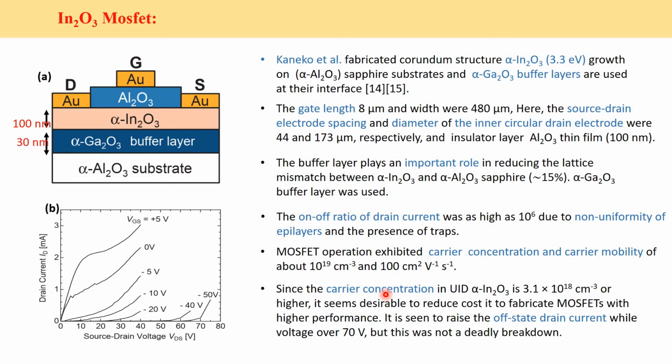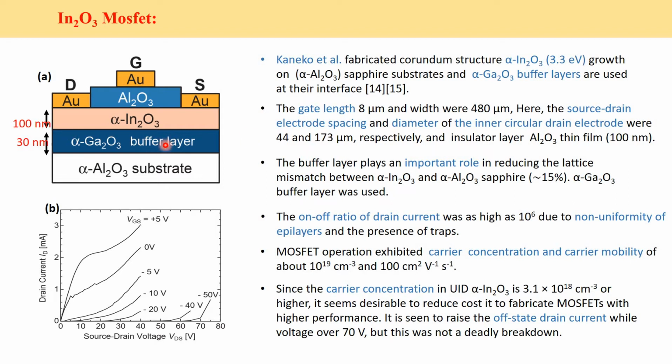So another one is the indium oxide and alpha gallium oxide MOSFET. Here alpha gallium oxide is used as a buffer layer. So Kaneko first fabricated indium oxide, which has a 3.3 electron volt band gap, grown on an alpha aluminum oxide substrate, with alpha gallium oxide used as a buffer layer.